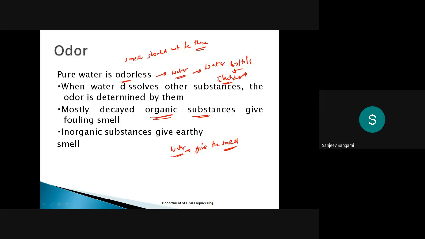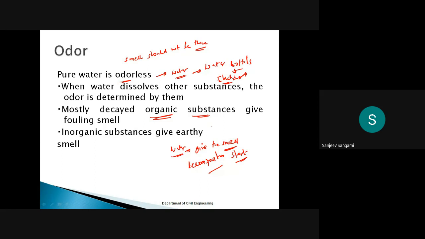For example, if a dead tree is present in water for a longer time and it is not moving, slowly the decomposition will start. Once the decomposition starts, you will get the smell.